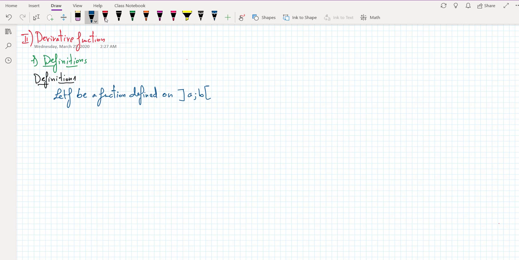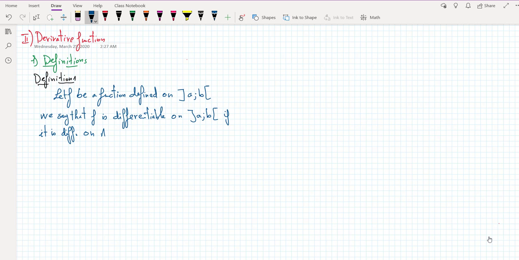We say that f is differentiable on AB if it is differentiable on all elements belonging to the open interval AB. Let's take an example to understand this definition.